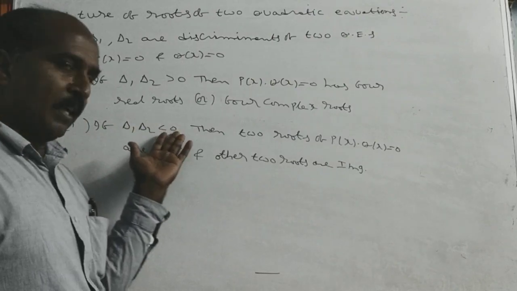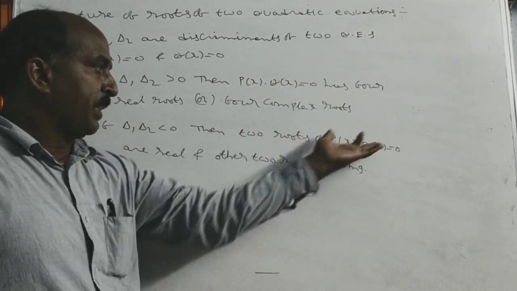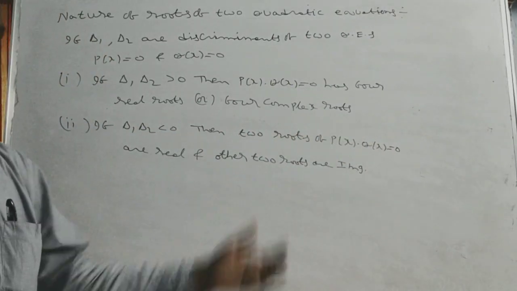Delta 1 into delta 2 negative, then P of x into Q of x equal to 0 has two real and two imaginary roots.